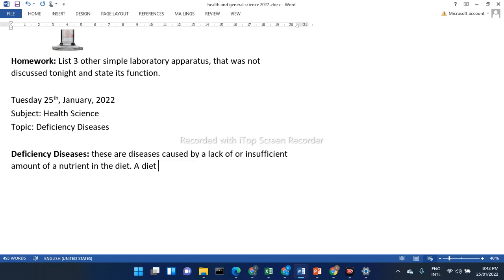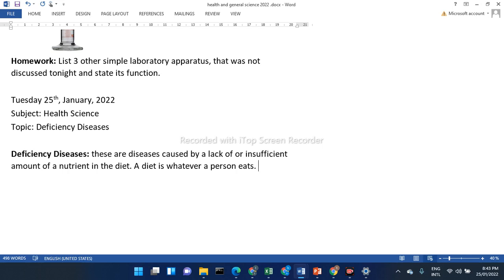So when we say diet, we're just talking about what you eat, your food pattern. A diet is whatever a person eats, not in the sense of a diet for losing weight.